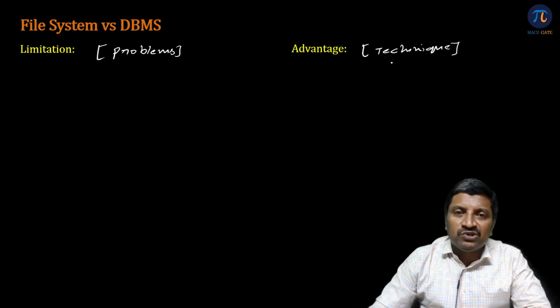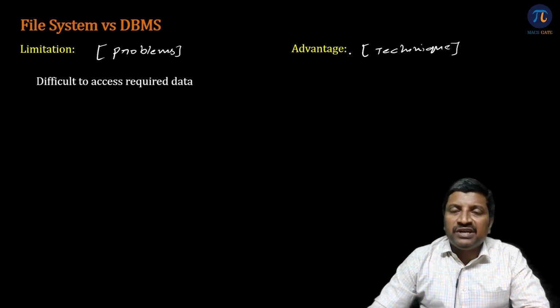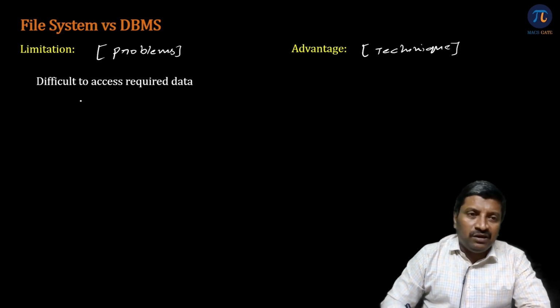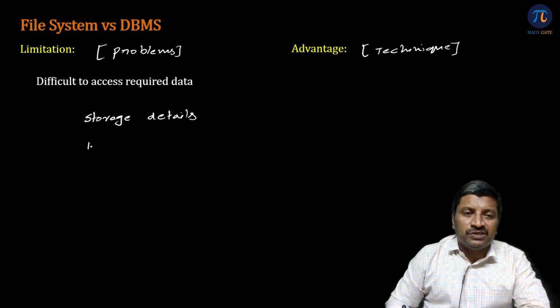So let us discuss each of these limitations one by one. The first one, difficult to access required data. In regular file system, suppose I want to access the details of a student Sudhakar, then I need to know the storage details of the particular data. So what is meant by storage details? First of all, I should know what is the file name in which I have the details of Sudhakar.